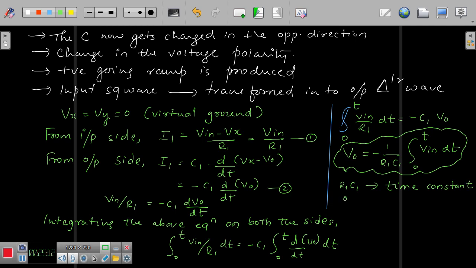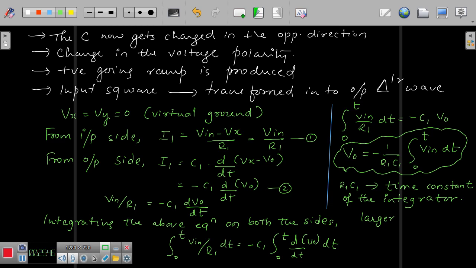Time constant of the integrator. It is the time constant of the integrator, right? Now this plays a very important role, because the larger the time constant, the more accurate will be the integration, right?